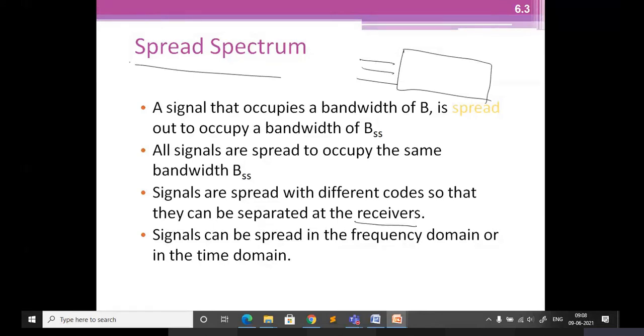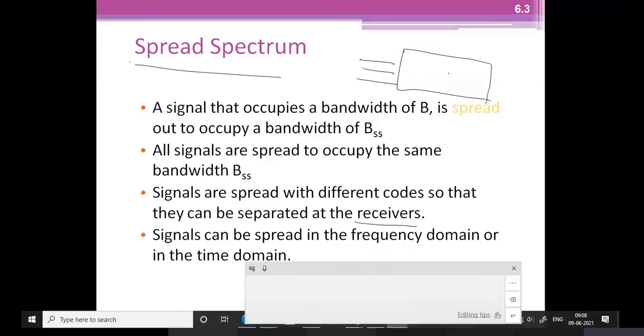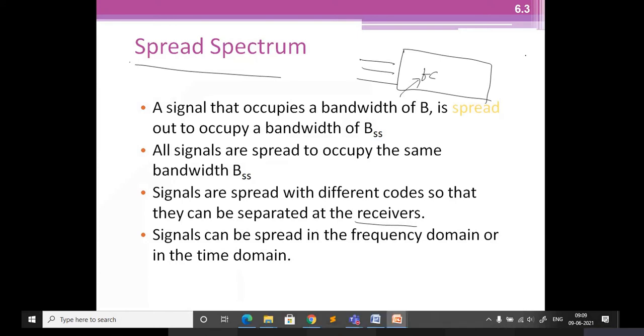Obviously, when you are adding something to the incoming signal, recall the modulation technique: we used to add a carrier frequency to the incoming signal. Once it reaches the destination, it has to filter out that carrier frequency and deliver the actual signal to the receiver. That reverse operation, whatever is done at the encoding on the sender side, has to be performed at the receiver side.